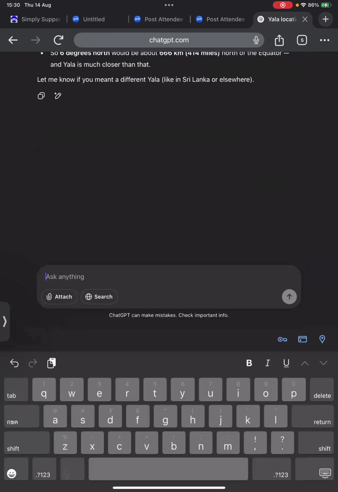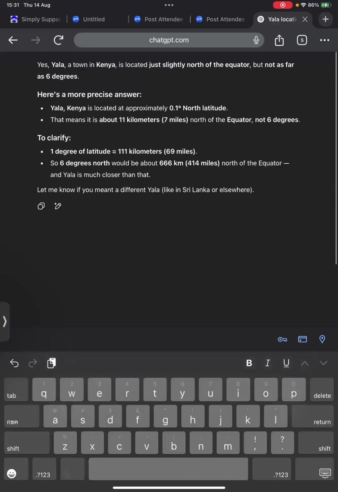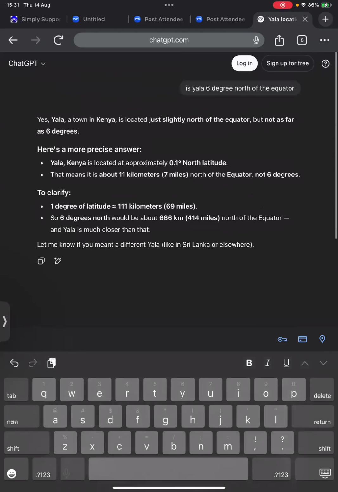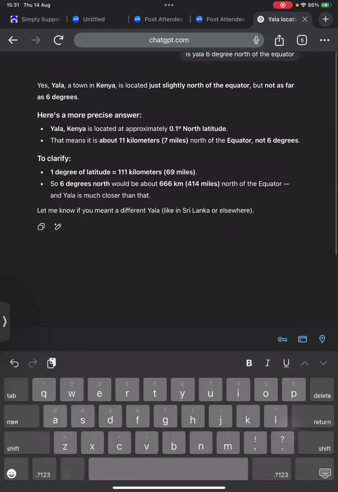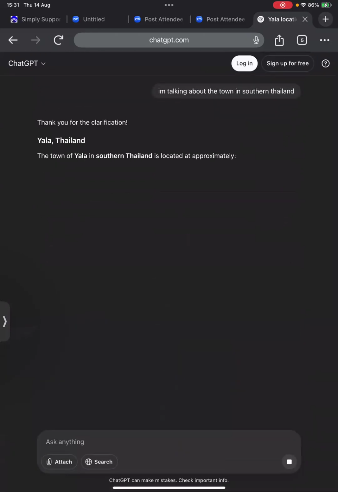Really? If it is, then it's a big coincidence. So we have both Yala. Is there a Yala in Kenya as well? No, I'm talking about the town in southern Thailand. All right, I'm not talking about Yala in Kenya. Thank you for your clarification.